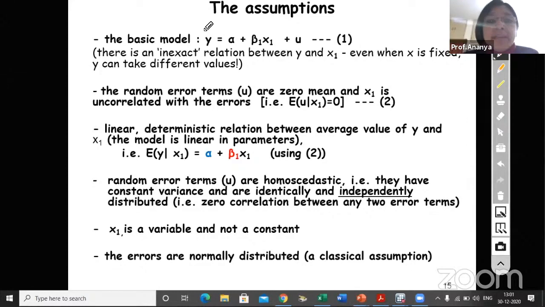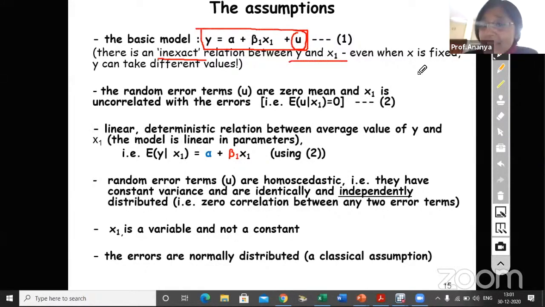So this is my basic model, where x and y are observable random variables, alpha and beta are simply unknown constants, and now we come to the errors. So what are the errors? The errors are unobservable random variables, which are telling you that there is an inexact relation between y and x.